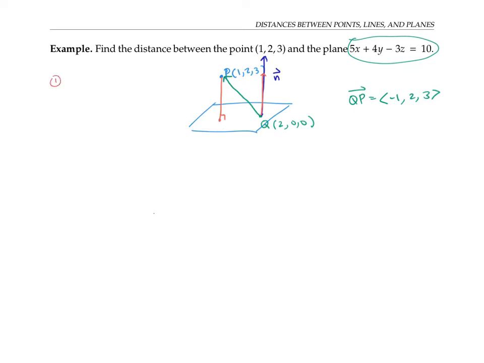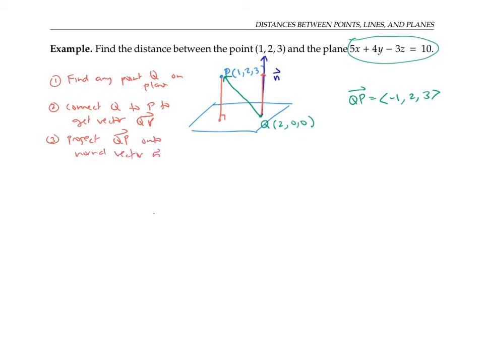So the steps I'm going through were first to find any point, call it point Q, on the plane, and then to connect Q to P to get a vector QP, and then project QP onto the normal vector N to the plane.